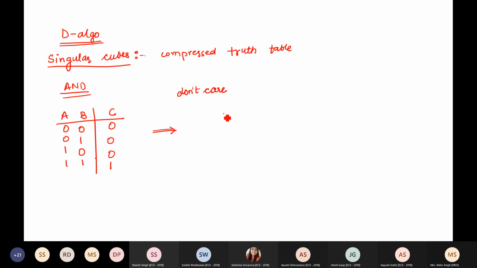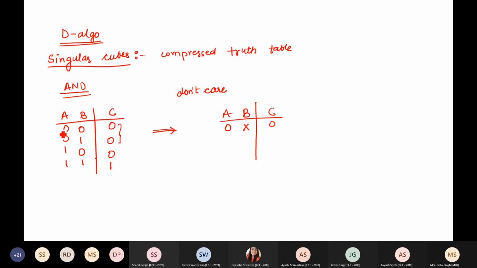For example, look at the first two entries. If I combine these two entries and I am sure that A is 0, B can be don't care, the output will always be 0. So the first entry in my singular cube will be 0 x 0, right?